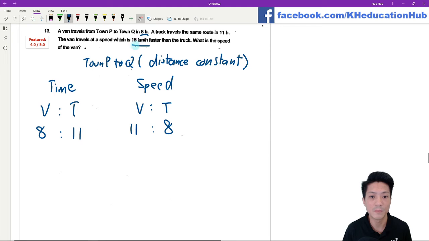Right, if you look at the speed difference, 15 km per hour, immediately we know that 11 minus 8, which is 3 units, is equals to the 15 km per hour.